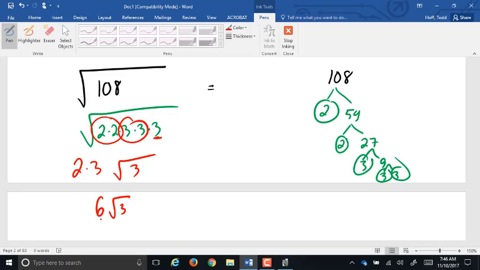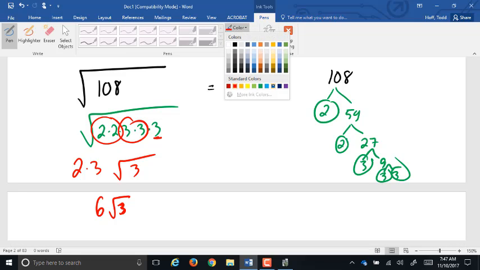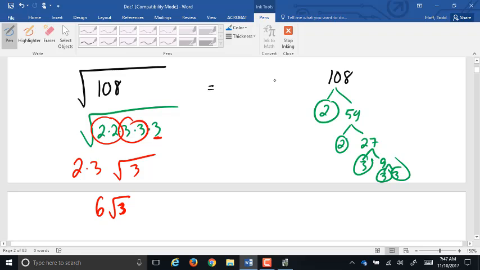Why is that simpler? Well, it's one of those unsatisfying answers that's about 50 years outdated. Because once upon a time, we didn't have calculators. They couldn't just punch in the square root of 108 and have the calculator spit out the answer. They had to look up these square roots on tables. Rather than having tables that went up to 108, they had tables that went up to probably about 100 or so.